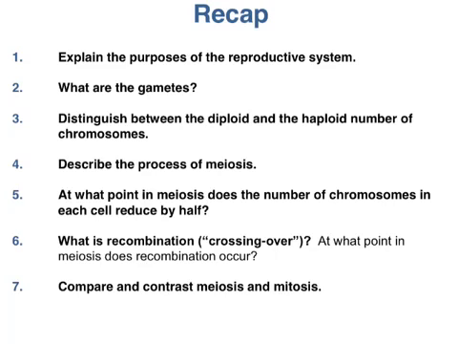You should also be able to talk about what the gametes are, distinguish between the diploid and haploid number of chromosomes, describe the process of meiosis, and compare it to mitosis. And as part of describing the process of meiosis, you should be able to answer these questions. So at what point does the number of chromosomes reduce by half? And what is recombination? And when does that occur?